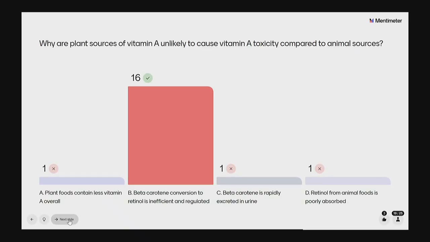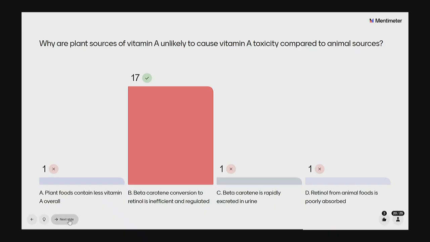So plant sources of vitamin A are unlikely to cause vitamin A toxicity because beta carotene conversion to retinol is inefficient and regulated. If you recall, we talked about preformed vitamin A, which is retinol, and then the guest speaker talked about provitamin A, which is really from plant sources, the beta carotenes. And then other forms of vitamin A that do not have vitamin A activity, but serve as antioxidants in the body as well.